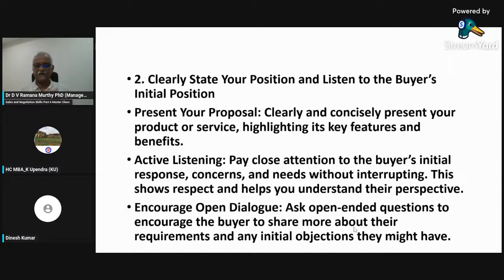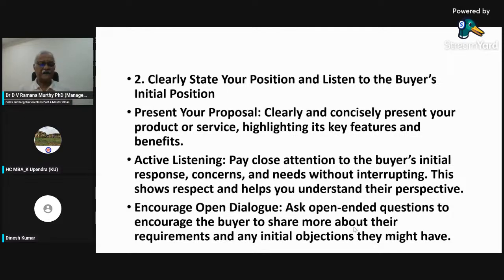Very, very important. That's why we say often it's not simply verbal communication that counts, but non-verbal communication also counts a lot, because you try to understand the non-verbal cues that come from the client side. A very intelligent way of reading the body language. So this shows respect and helps you to understand their perspective.